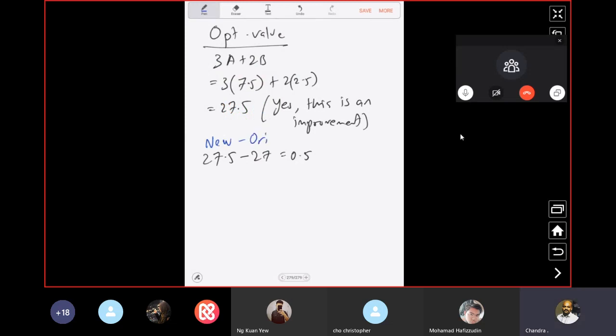What is your shadow price? The shadow price for C2 is 0.5.